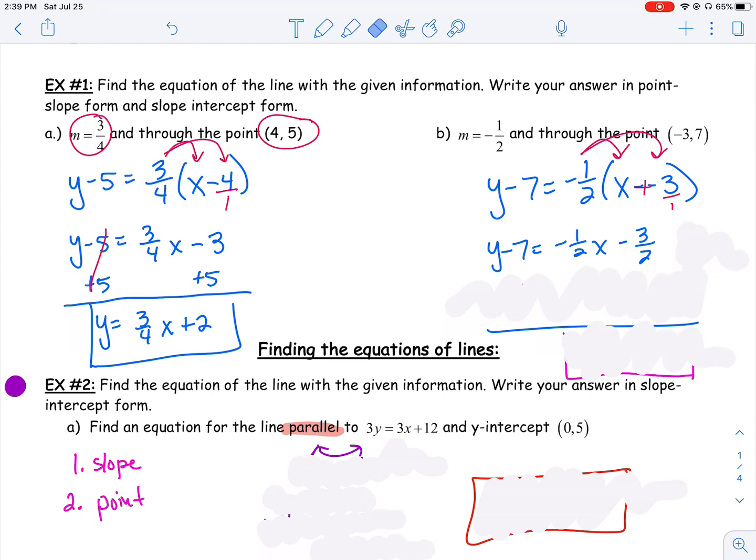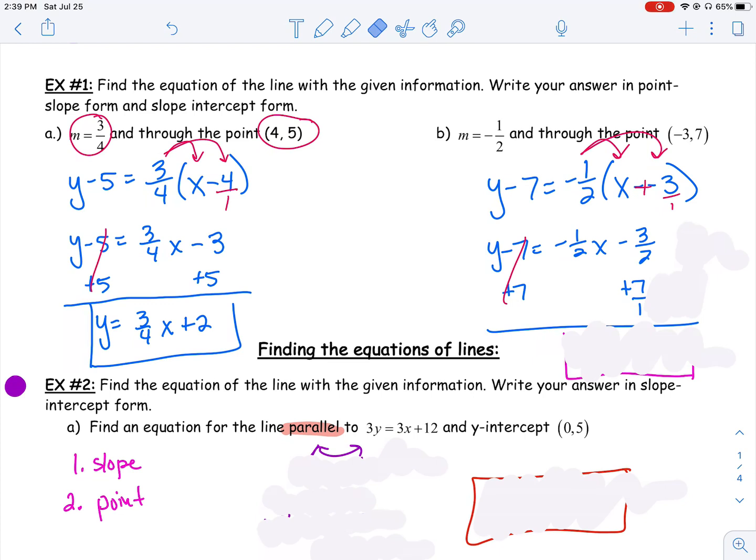Okay, not quite done. I still want to get y by itself. It looks like there's a -7 next to the y, so I need to go ahead and get rid of that 7 by adding 7 to both sides. The problem is I have a -3/2 plus 7. You notice that one of them is a fraction. And remember, anytime we're adding or subtracting fractions, we have to have a common denominator, right? So what would be our common denominator between 2 and 1, essentially? 2.